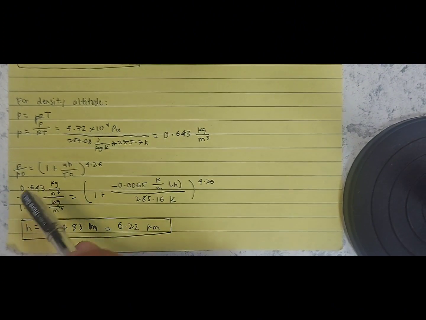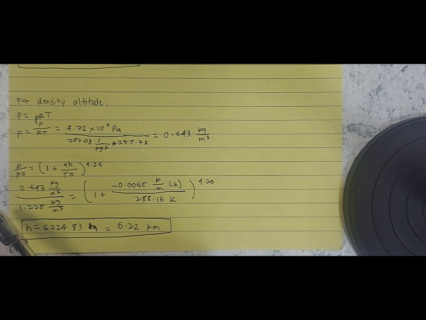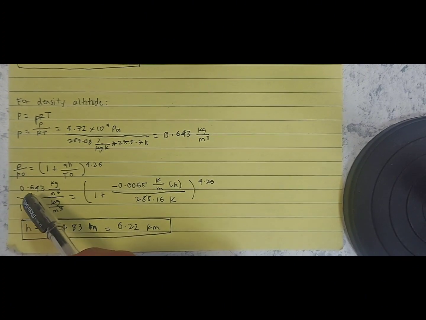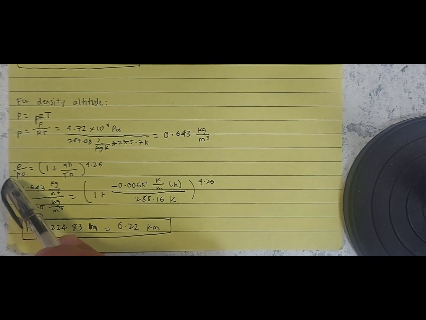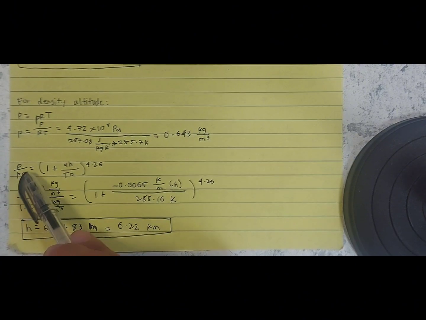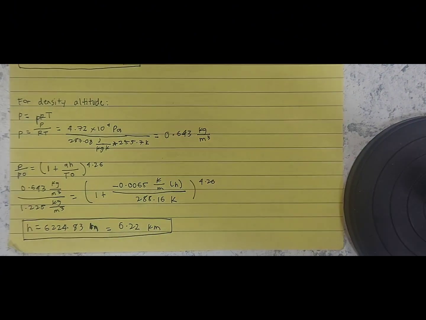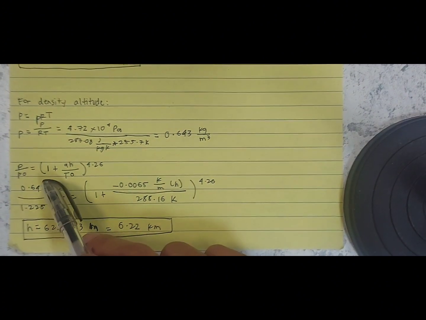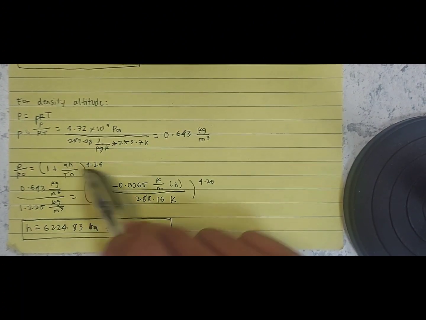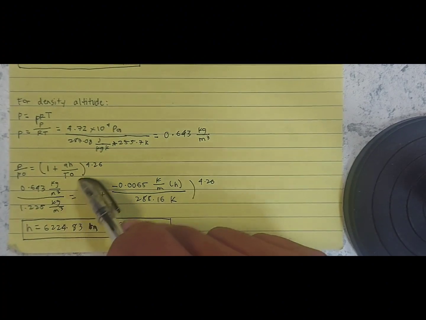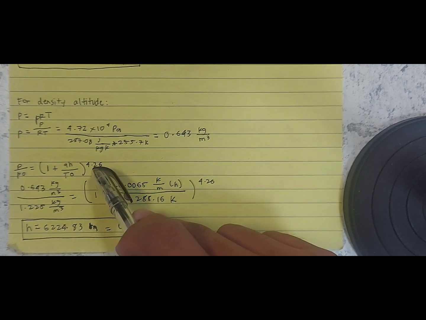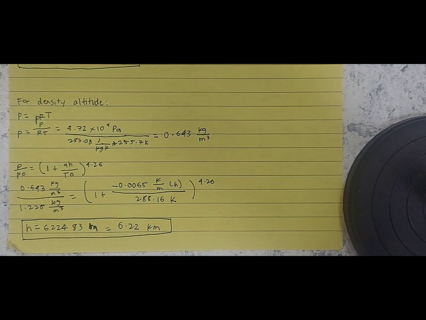Next step is gagamitin nating equation yung related sa density sa altitude, which is ito. Rho over rho sub 0 is equals to 1 plus alpha h over T sub 0, then raised to 4.26.